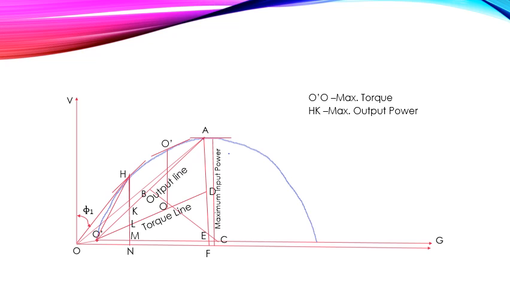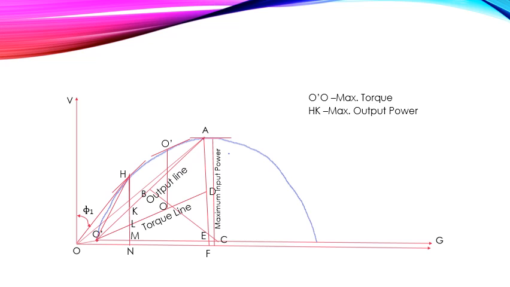So to get the maximum output power, drop a perpendicular from point H, and then that will cut the lines O dash A, O dash D and O dash C at the points K, L, M, right? So the vertical intercept HK indicates the maximum output power.